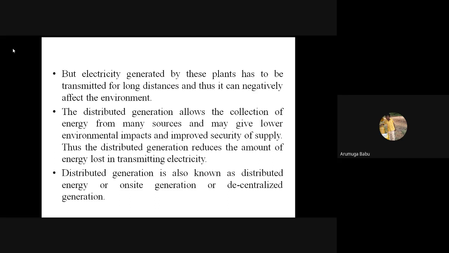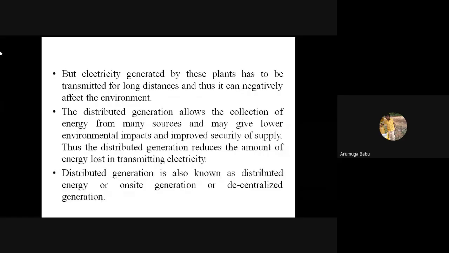Also, if you're taking the centralized power plant like nuclear power plant or thermal power plant, this will negatively affect the environment. The environment will be affected by this generation because if you're taking the thermal power plant, the flue gases and carbon monoxide have a negative impact on the environment.